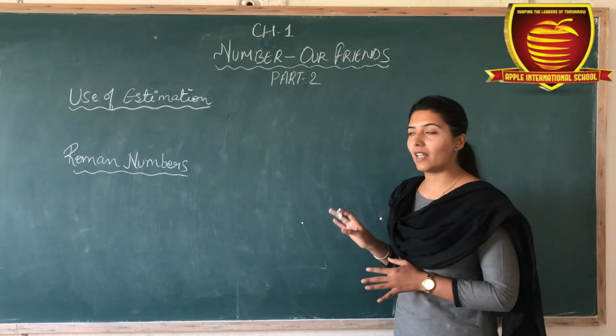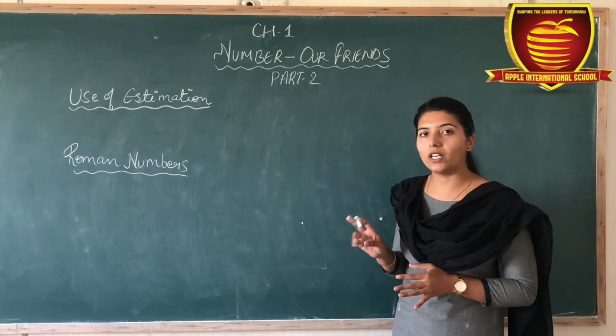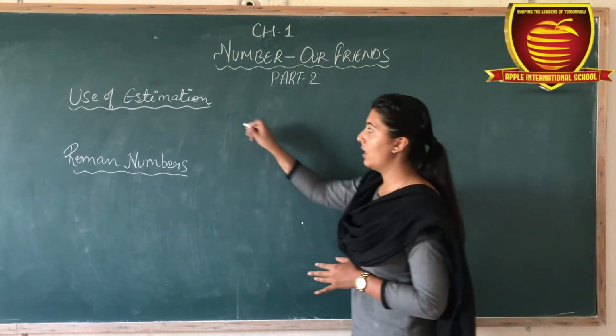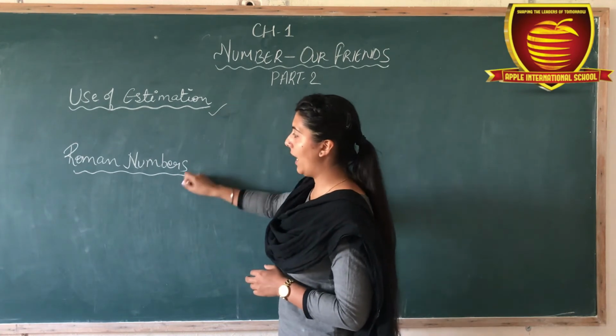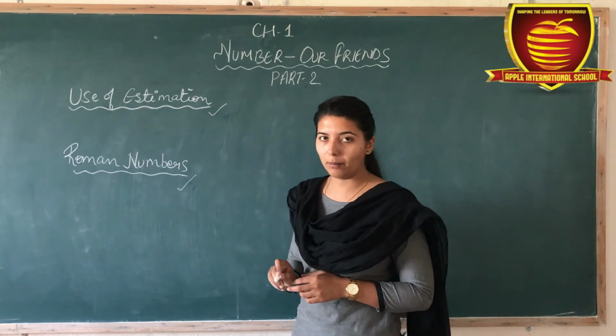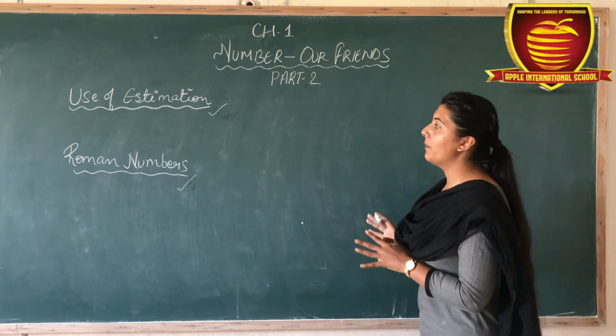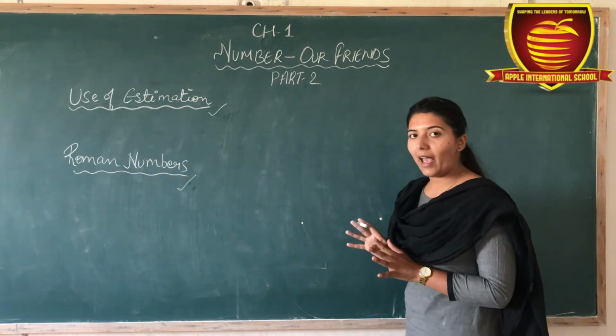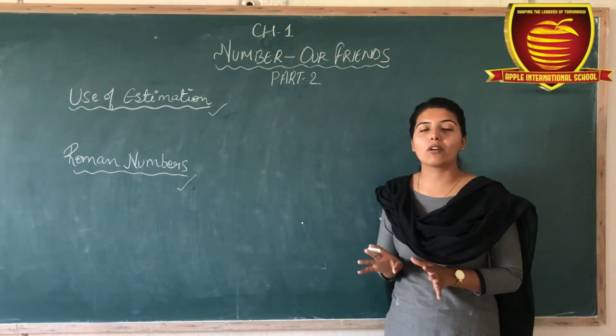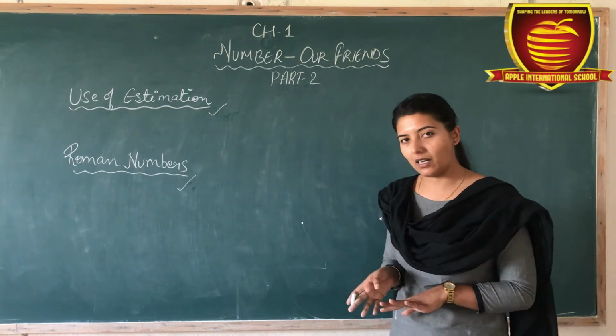Now in today's second part, we are going through 2 topics. First one is use of estimation and the second one is Roman numbers. Firstly, what is estimation? Estimation is an approximate value of given data.